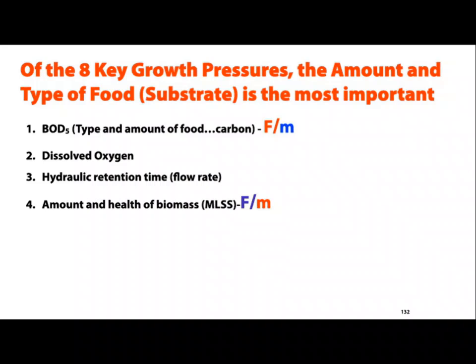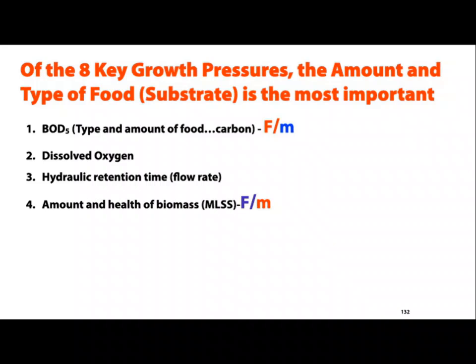So I said to my good friend who's running this plant, we've got to get the mixed liquor down. We've got to waste. I can't do that. Why? Because I need that amount of mixed liquor to meet my F to M target.